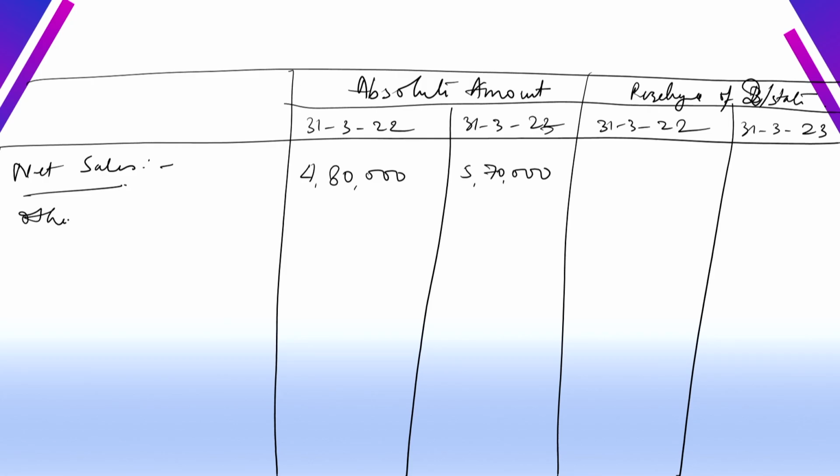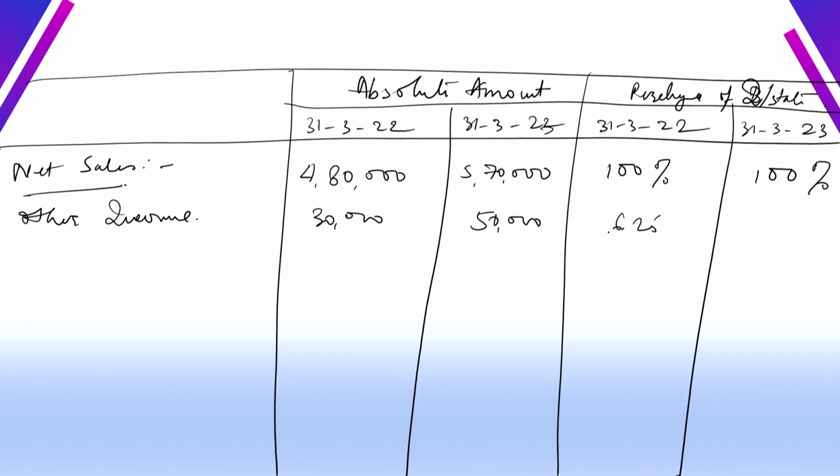Other income will also be there, which for the previous year is 30,000 and for the current year is 50,000 rupees. Now this is 100%, and 6.25 for the other income and 8.77 for the current year. It will be over and above the 100%.